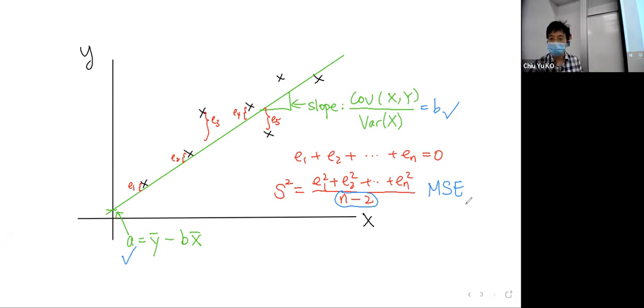Sorry, this is MSE, not MST. The MSE is just divided by n minus the number of groups you are measuring. So now go back to here.